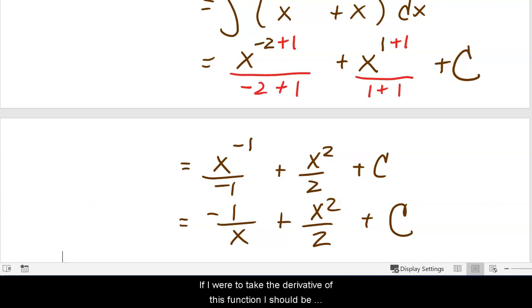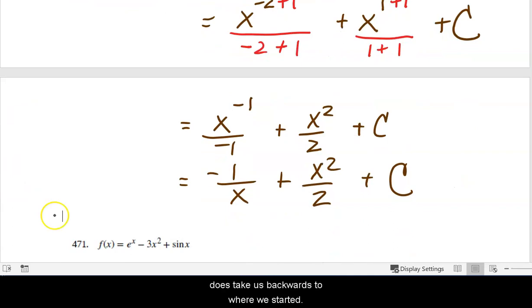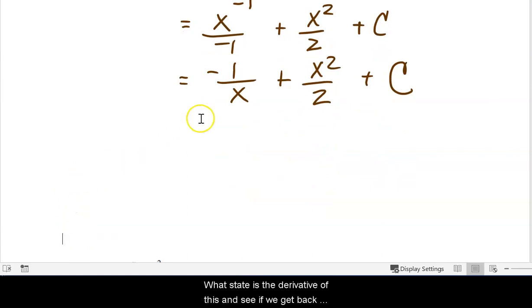If I were to take the derivative of this function, I should be able to get back to the original function 1 over x squared plus x. Just for fun, let's check it on this problem to make sure it does take us backwards to where we started. Let's take the derivative of this and see if we get back lowercase letter f.